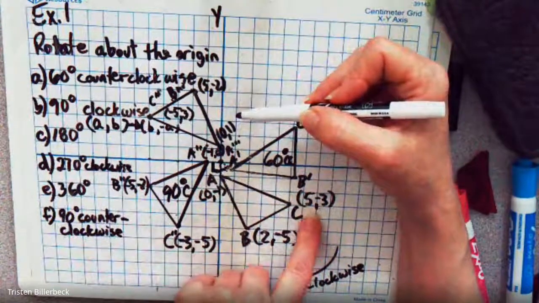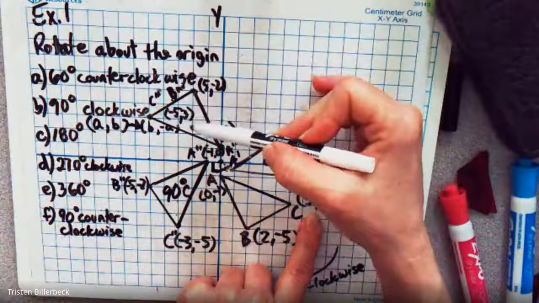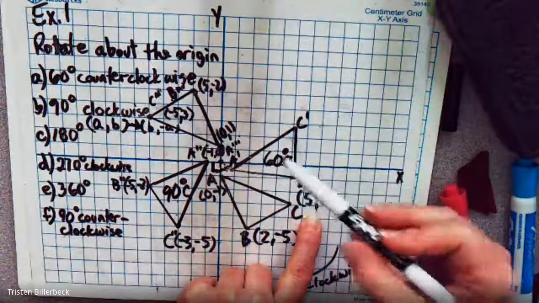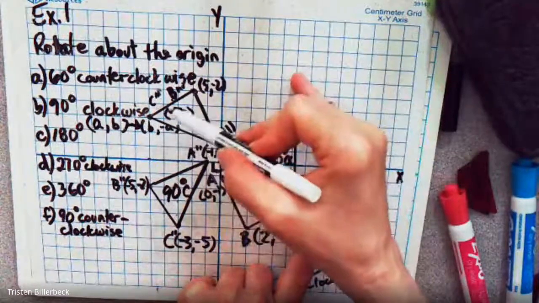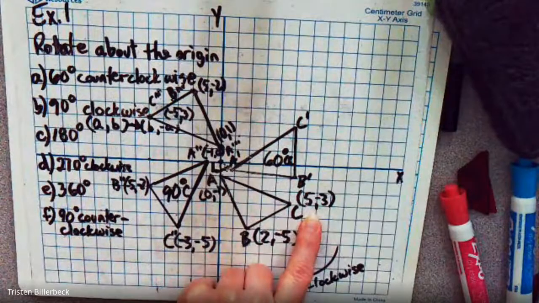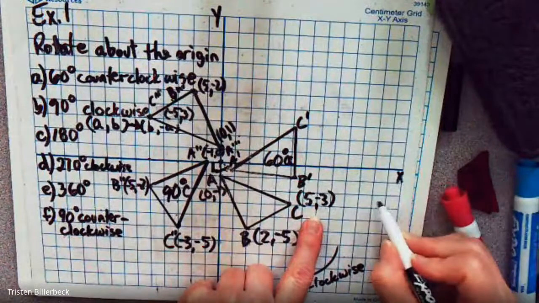This one here is 5, -3. So that should be -5, 3, so they should be flopped. So we should be flopped and negative. So let's look at what flopped and negative should be.